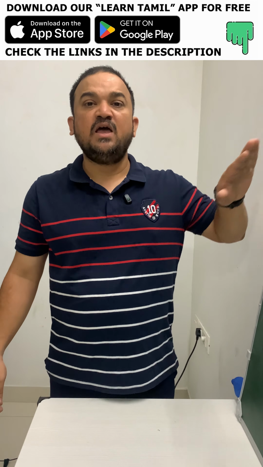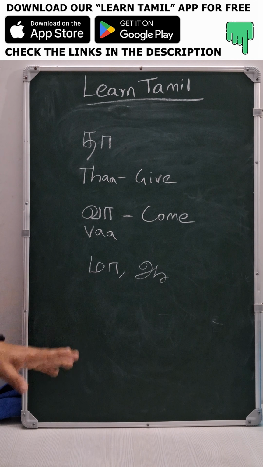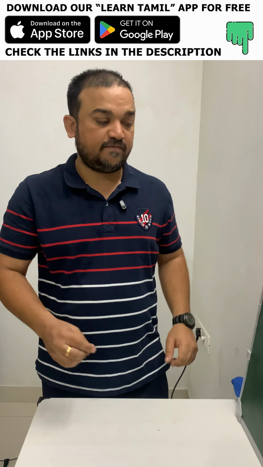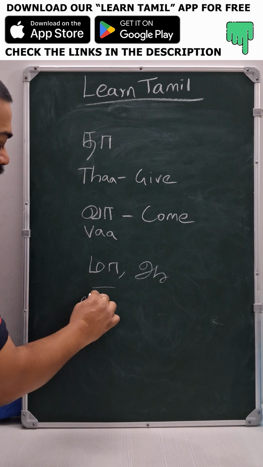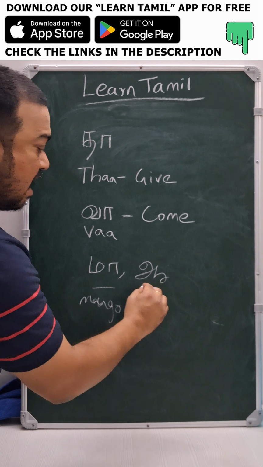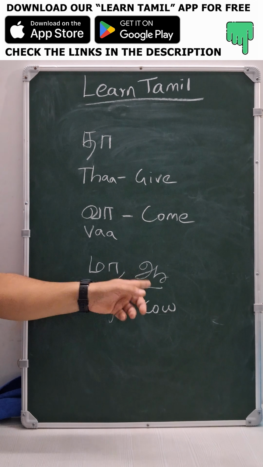Va and ta in everyday Tamil conversation, but ma and a also have some meaning, though not spoken in daily life. Ma means mango. Okay. A means cow.